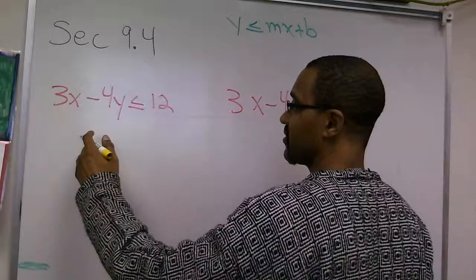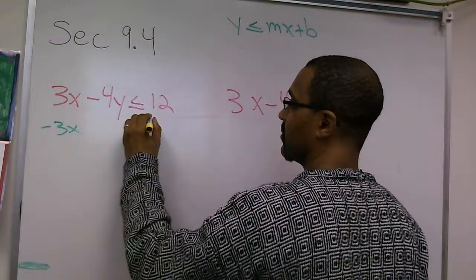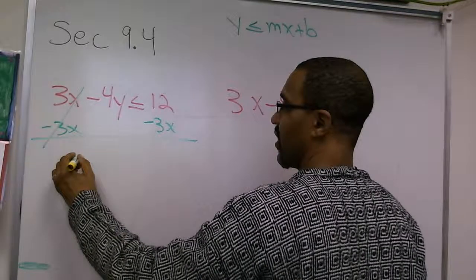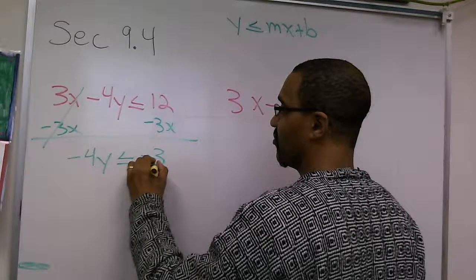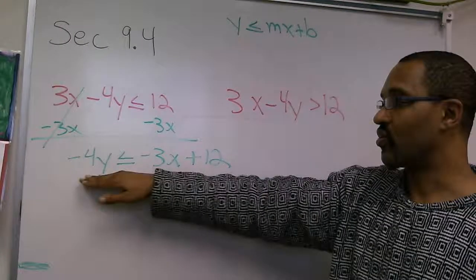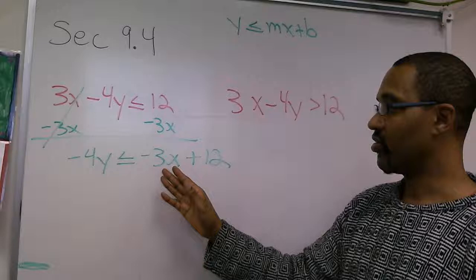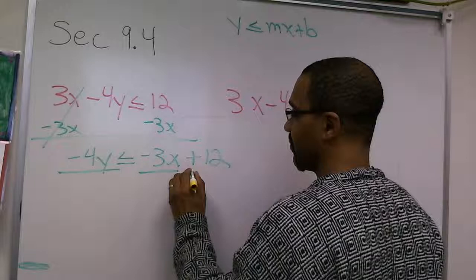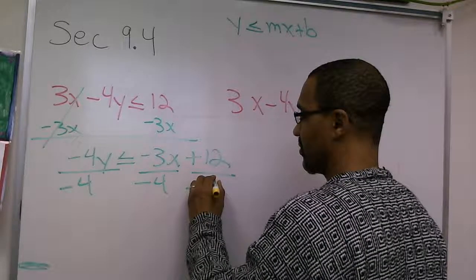In this case, we want to get y by itself, subtract 3x. That will cancel. Negative 4y less than or equal to negative 3x plus 12. Write your equations in the y = mx + b format. Next, to solve for y, we're going to get y by itself, divide by the coefficient. Okay?